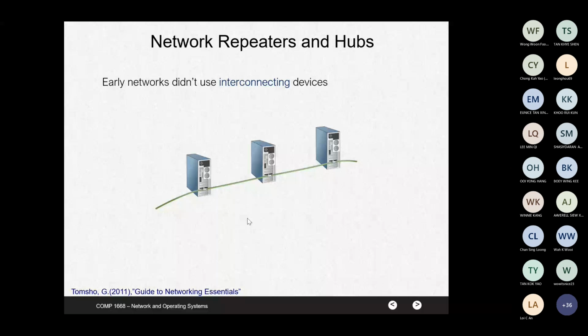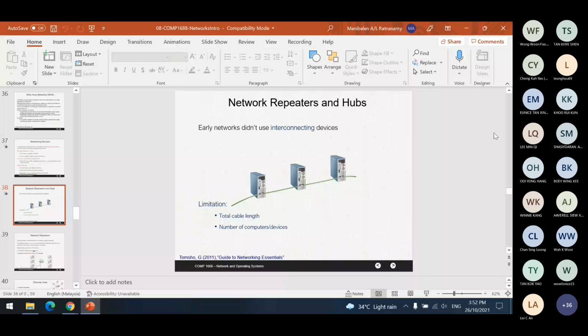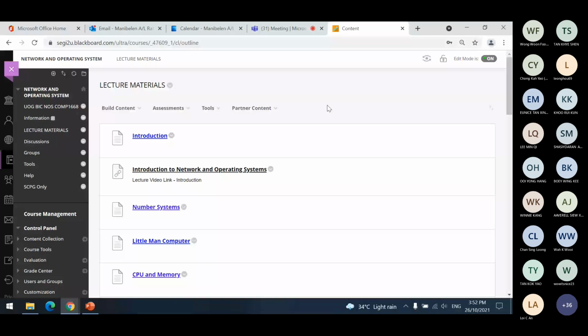Even though the topic here is repeaters and hub, before I go further, what is the difference between hub and switch? Let me check how many of you can type it in the chat.